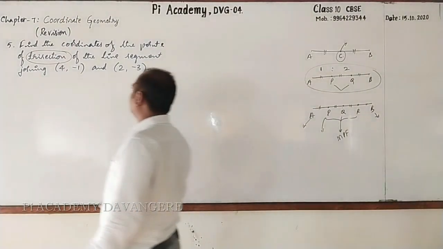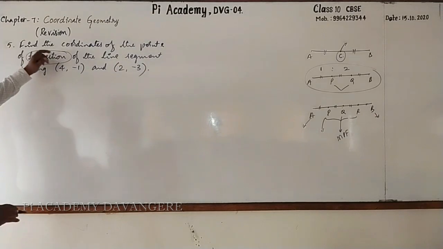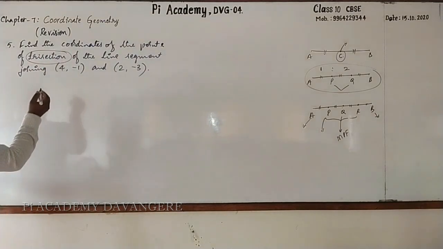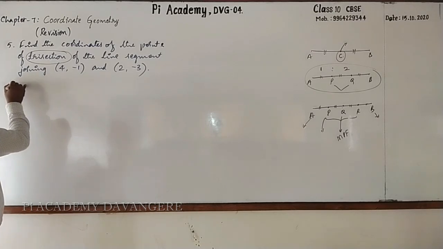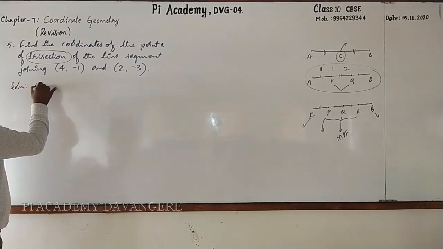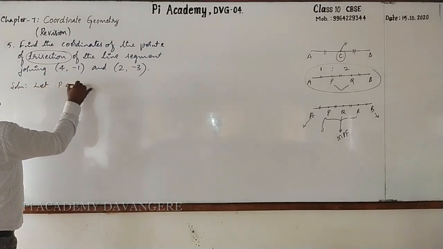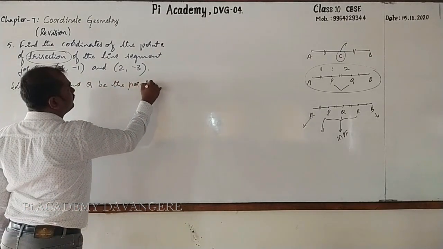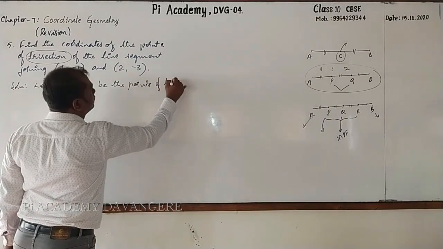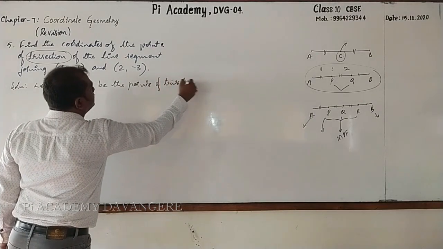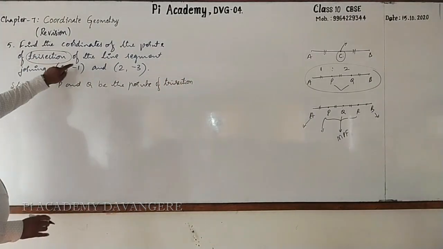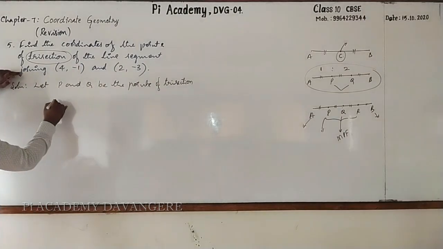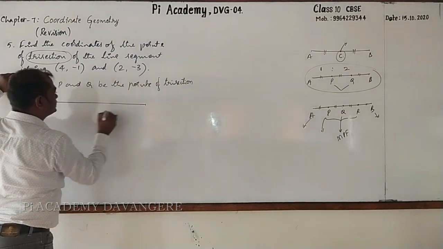Let's go for that. Go through this. Coordinates of the points of trisection. So let us assume the points of trisection. Let P and Q be the points of trisection of the line segment joining these points. See that this is the line segment.